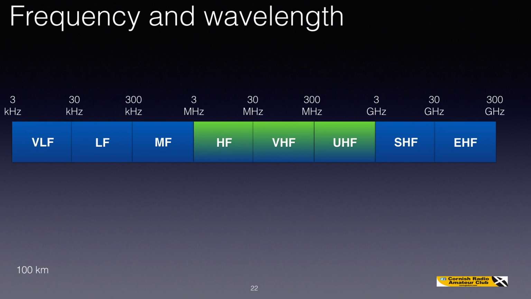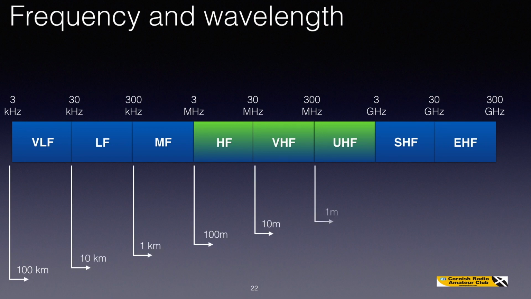Those are the frequencies of all of the bands, and we can look at the wavelength now of the bands. You can see the practical problems of producing antenna which need to be something like a half-wave dipole at the very low frequencies.